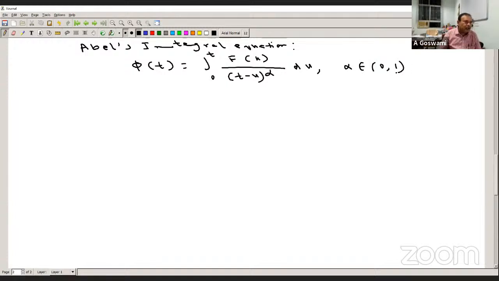So phi t is the integral from 0 to t of f u divided by (t minus u) to the power alpha du, alpha belongs to (0, 1).